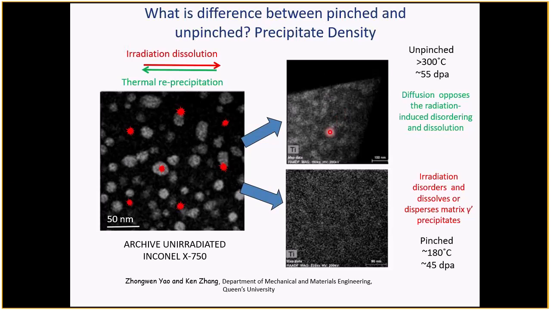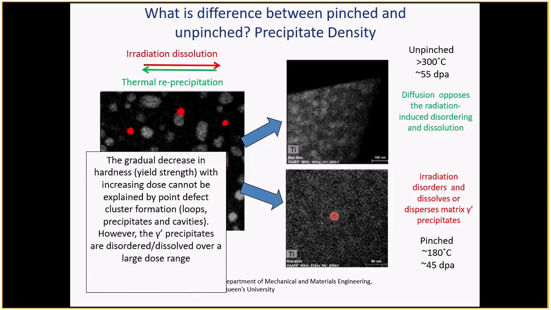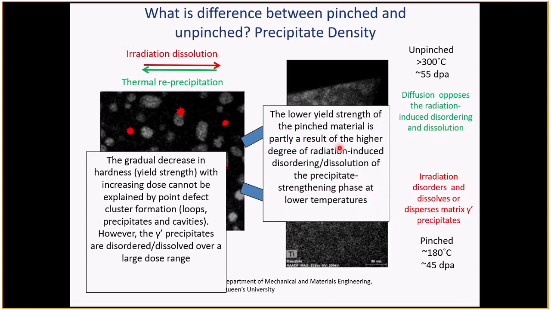And what happens is that at high temperatures, you still have some residues of the original precipitate structure apparent, but at low temperatures, it's pretty well dissolved. So the gradual decrease in the yield strength with temperature variation can be explained simply by this process.